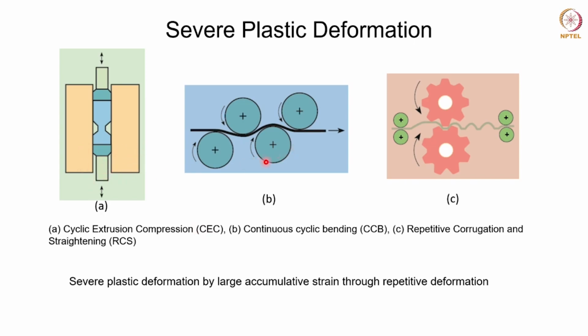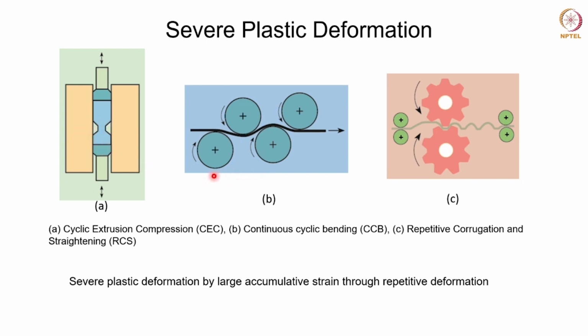The second one that you see in figure B is known as continuous cyclic bending, and the third one that you have over here is known as repetitive corrugation and straightening. The first one, cyclic extrusion, basically involves a number of extrusion cycles, as the name itself suggests, to accumulate the strain in the material and ultimately deform it severely.